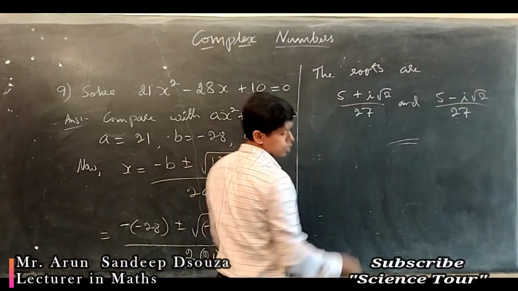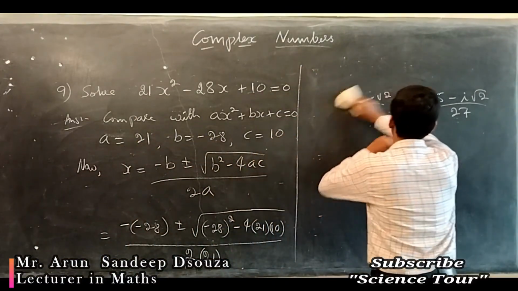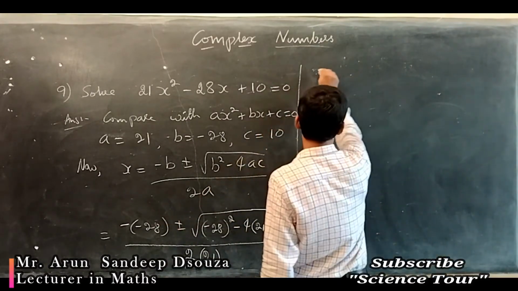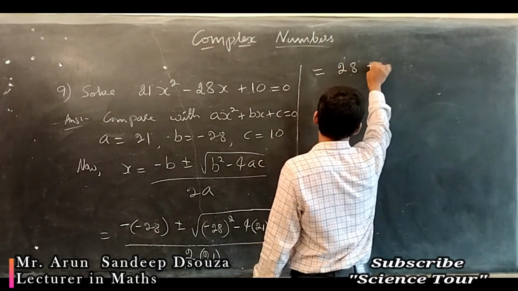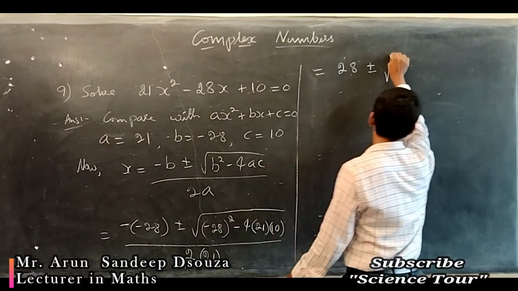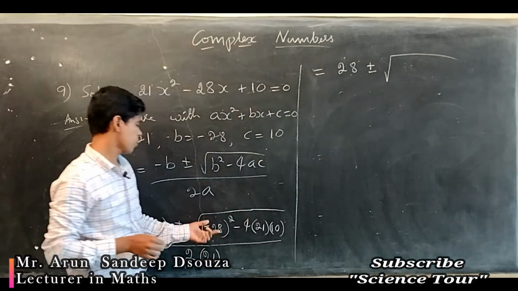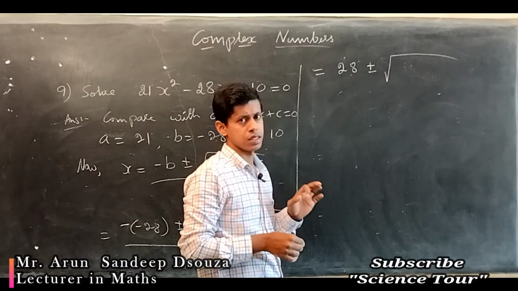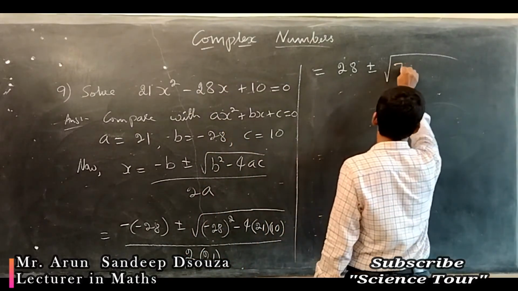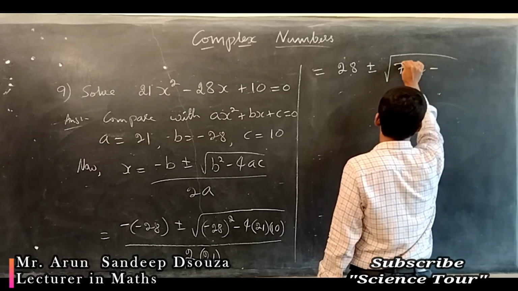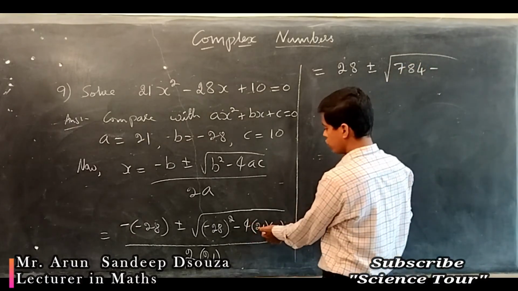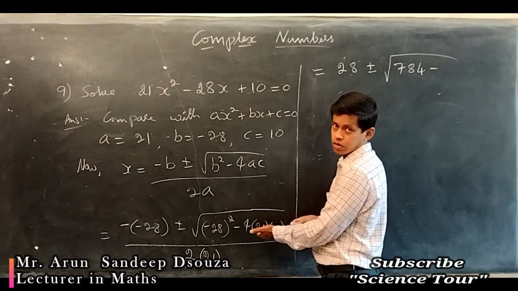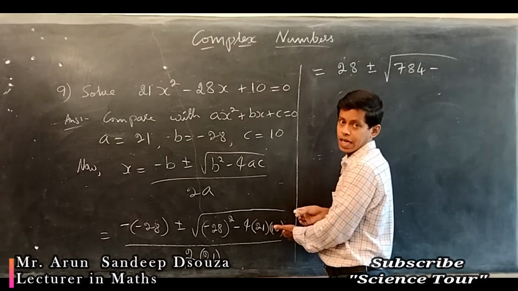So you have 28 plus or minus square root of 28 square, 28 into 28, you will get 784, minus 4 into 21. 2 into 21, how much? 42, double of that is 84, into 10 is 840.